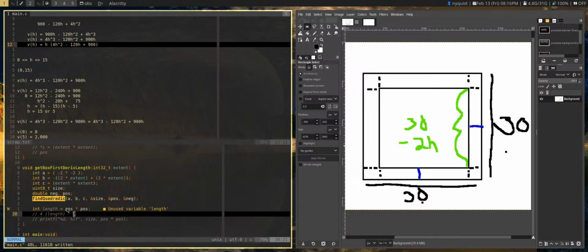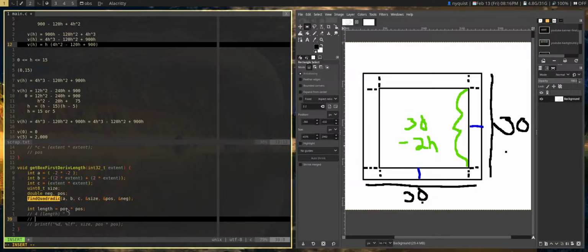I need this. This would be 4. So now it would actually be 4 times length. 4.